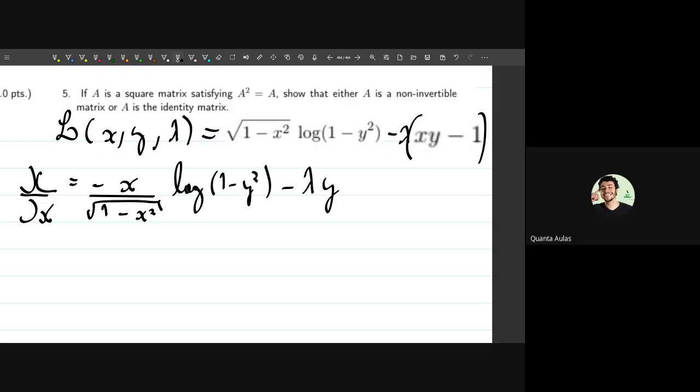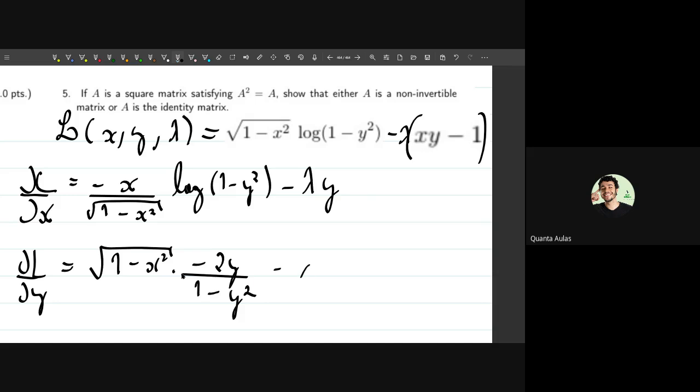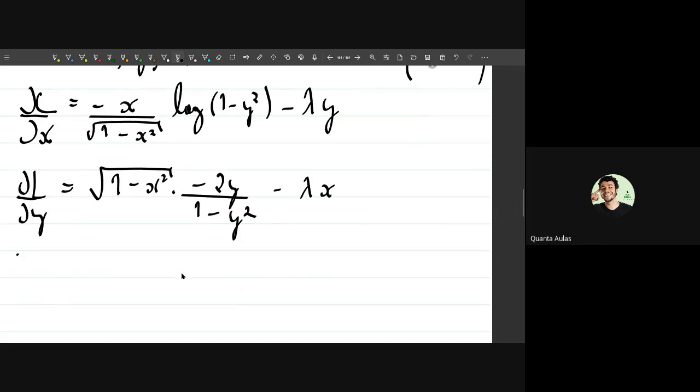Similar to the derivative in y, it's the thing you already did. And we have a third derivative, in lambda, because lambda is a new variable in this problem.